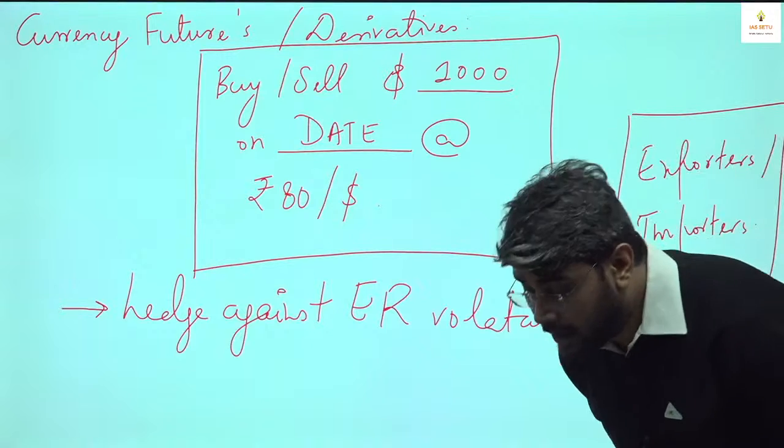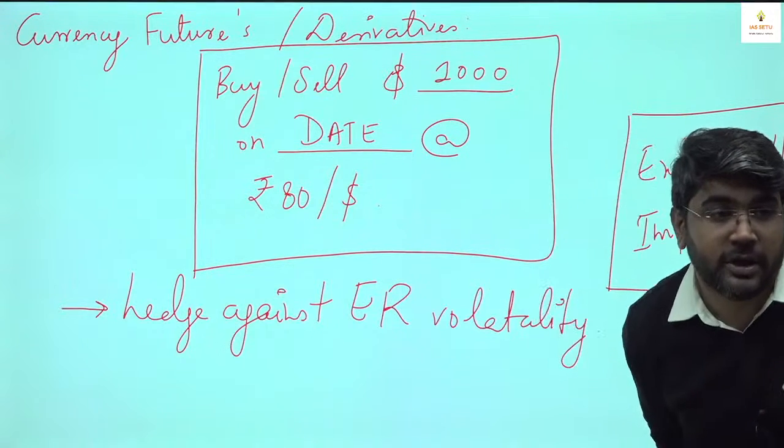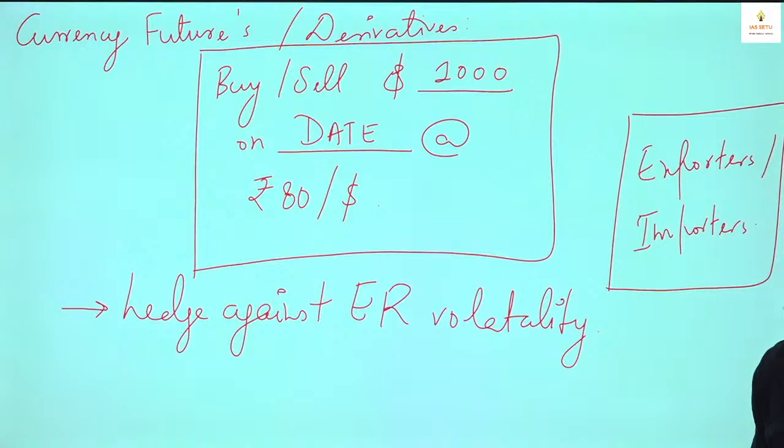For example, let's say I have an exporter, and this exporter feels that if he is able to sell each and every dollar for anything somewhere in the range of 79 to 80, then he can run his own production, then he is comfortable enough in terms of profits. So can he go for these kinds of currency futures? Sell these many dollars at this price, at let's say rupees 80 per dollar, on this date. जब भी एक्सपेक्टेड हो उसे कि आ जाएंगे डॉलर्स मेरे पास, पेमेंट आ जाएगी डॉलर्स के टर्म में.